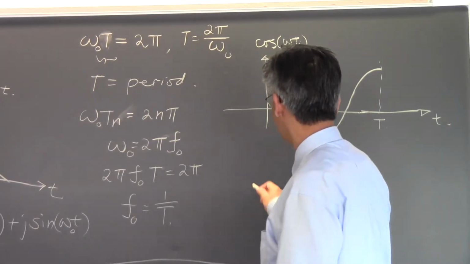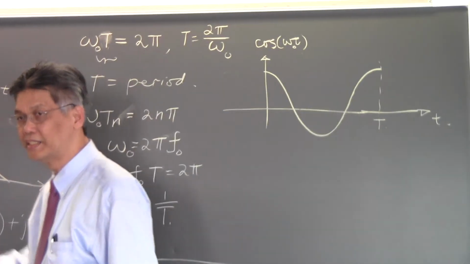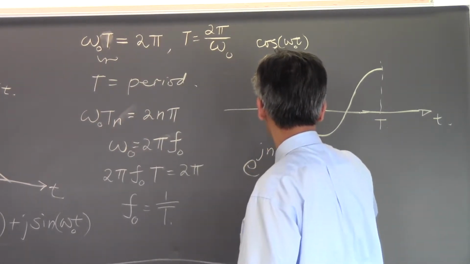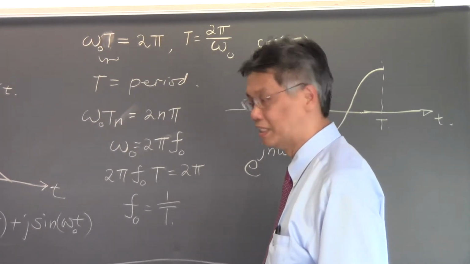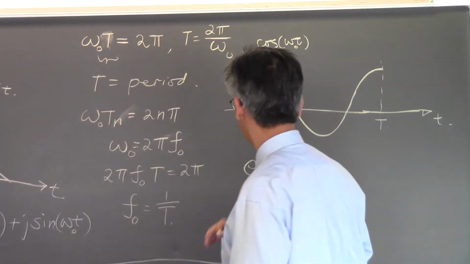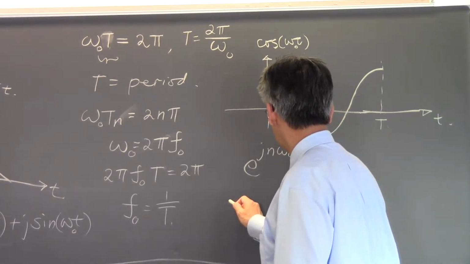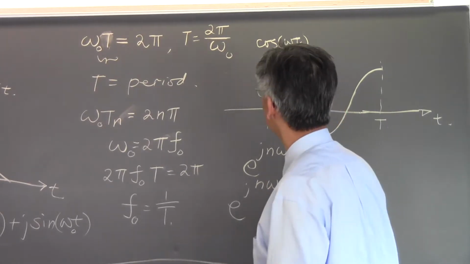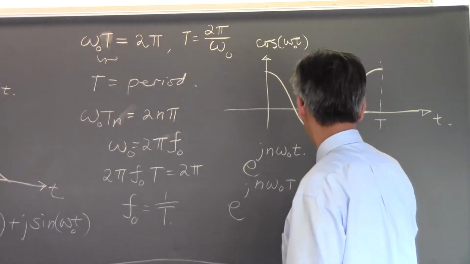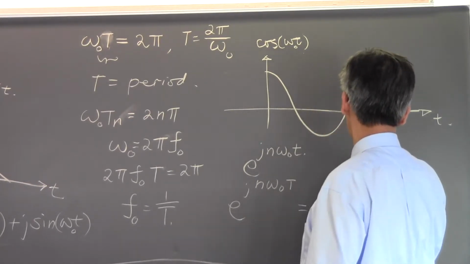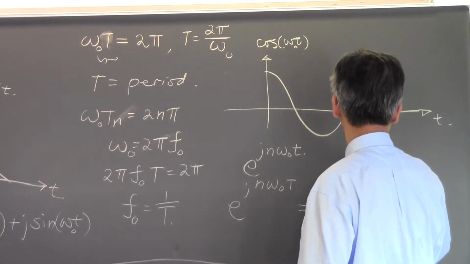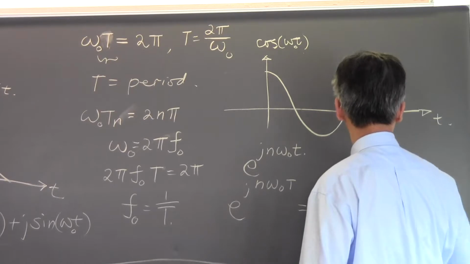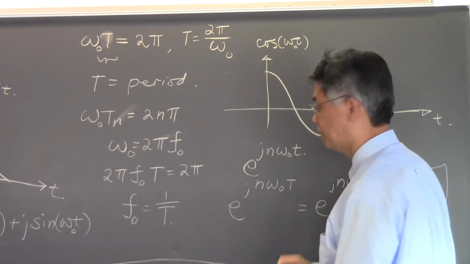I can make other periodic signals by just multiplying the exponent by an integer n. This is also a periodic signal. I can convince myself very easily. If this is a periodic signal, this is also a periodic signal, because if t equals capital T, where capital T turns out to be 2 pi divided by omega naught, I get e to the j 2n pi, and this itself is 1 again.